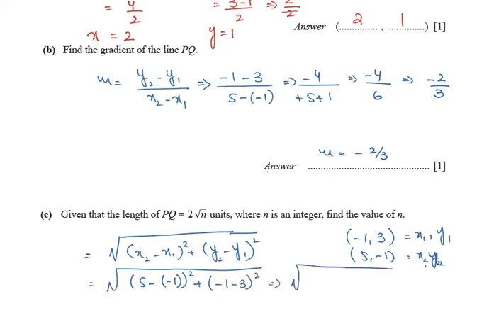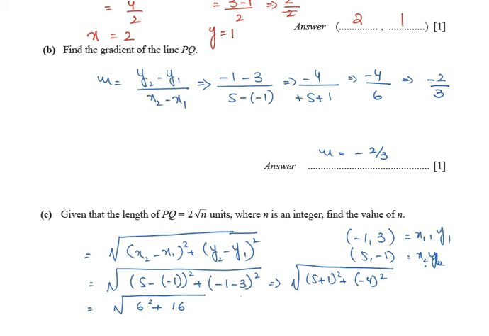Now when we simplify this, it's (5 plus 1) whole square plus (-4) square. If we add 5 and 1, this is 6, so 6 squared, plus here we have 4 squared. So 4 squared is 16. As we have an even power here, the answer will not have a negative sign.